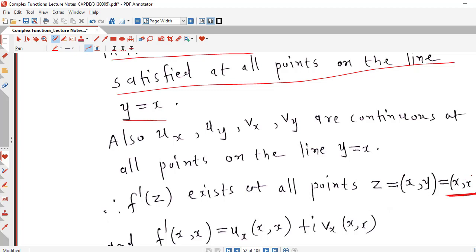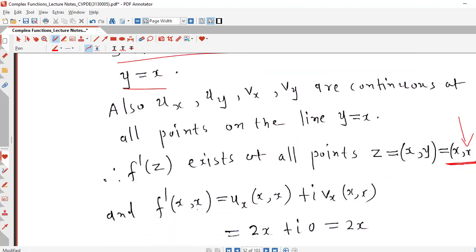And if I want to find the derivative at those points, then we know that the formula for derivative is f dash z equal to u_x plus i v_x. And here our z is those points which are on the line y equal to x.